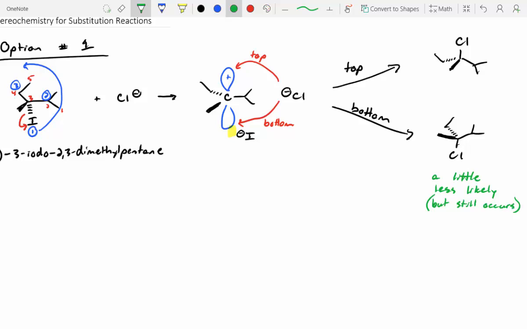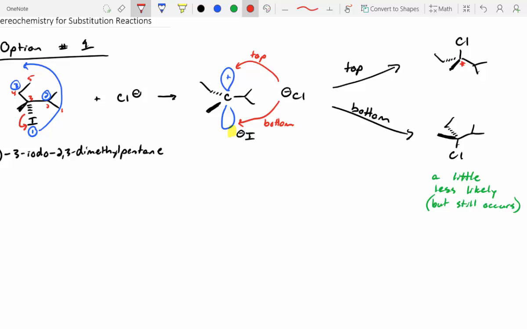All right, if we look at the top one, is that going to be R or S? What do you guys think? This stereo center right here? What do you guys think?